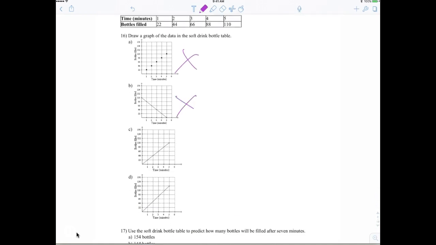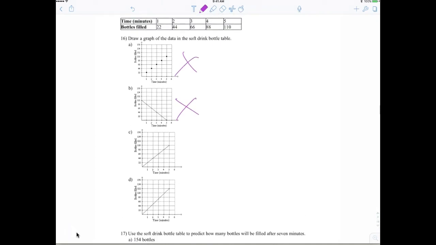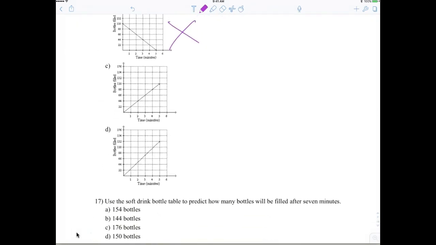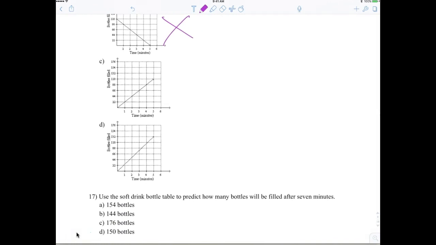So technically, probably 16A would throw some kids off, right? But does everybody understand what I'm saying? In between those times, like 1 minute and 30 seconds, are there bottles being produced at 1 minute and 30 seconds? Yes. So that's why we can cross out A. Now B is just wrong. And what's the difference between C and D?